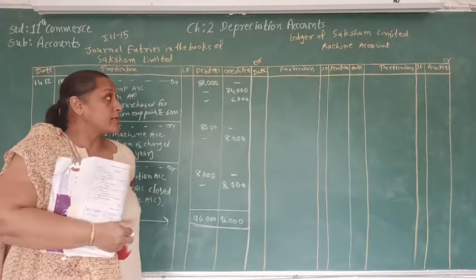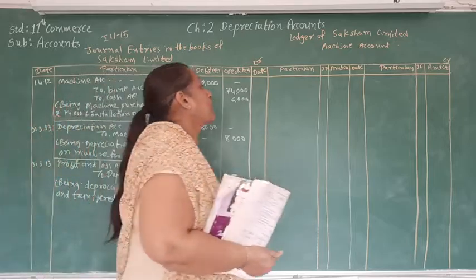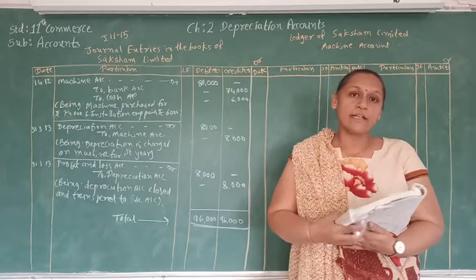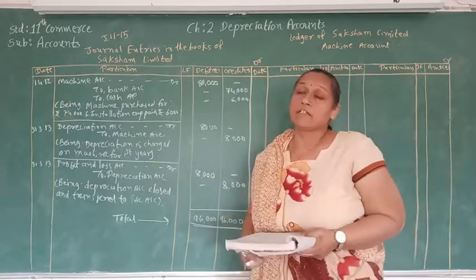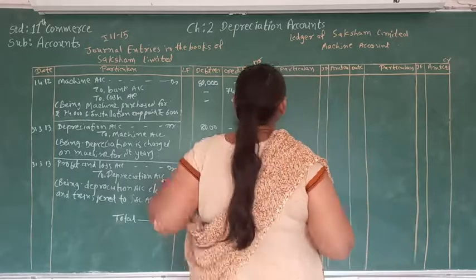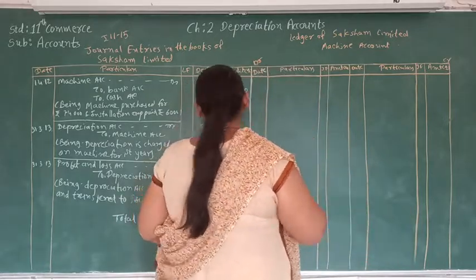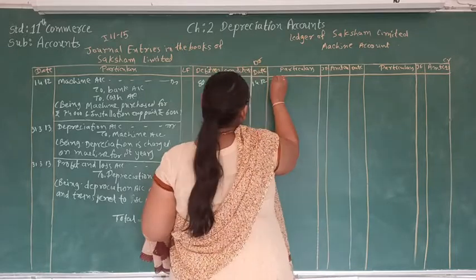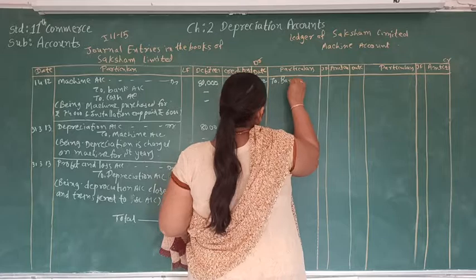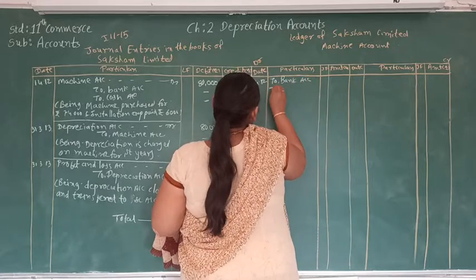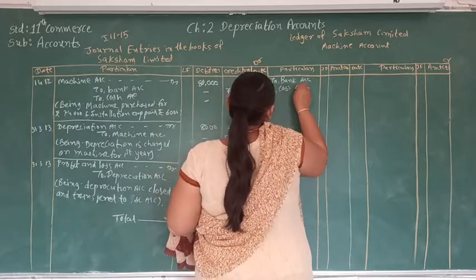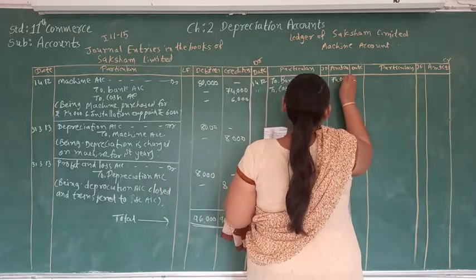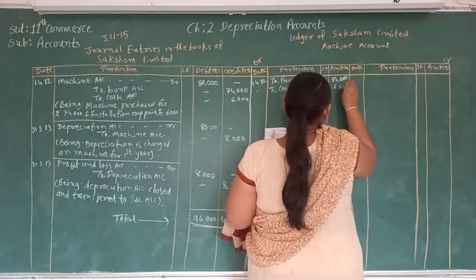Now let's prepare the machine account. As we know, when we are purchasing a machine, that time the machine account is supposed to be debited. So here in the machine account, the very first thing we write is on 1/4/12, to bank account, to cash account, 74,000 and 6,000.